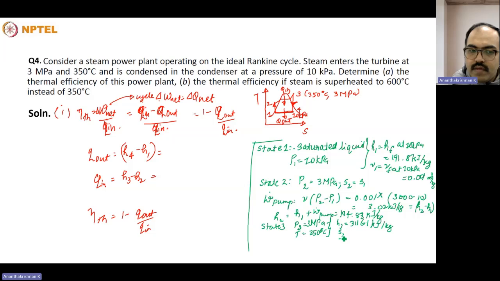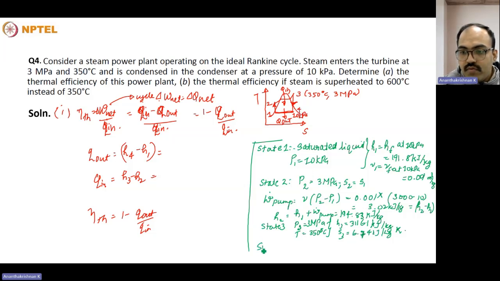And then S3, the entropy at that particular point, will be equal to 6.74. The reason for calculating this entropy is that we need to determine the state point 4, the exit of the turbine's enthalpy, using the isentropic approach.